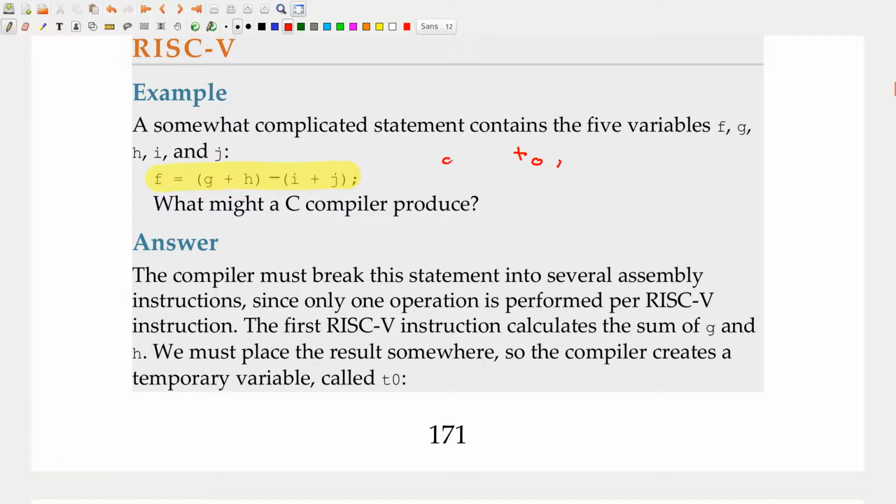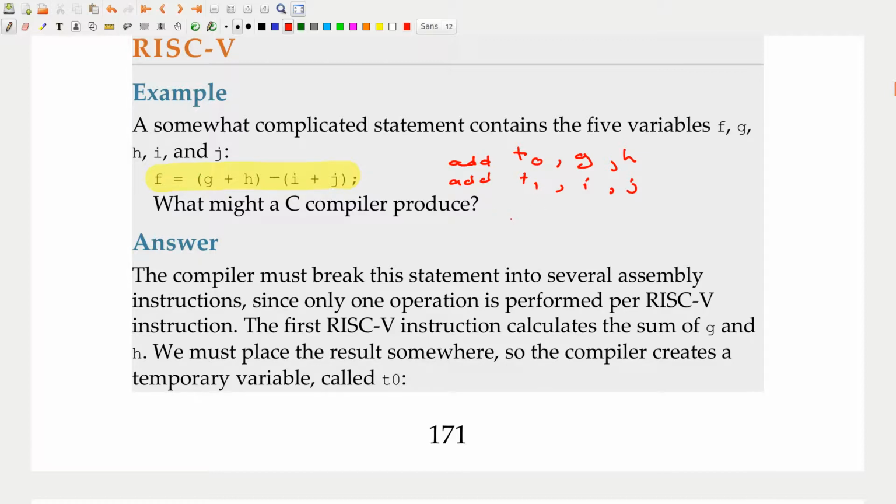So let's do an add: into T0, we're going to put G and H. Then I want to calculate this, so I'll have another add, and I'll call this T1, and I'll add I and J. Finally, I want to assign something to F that's the difference of these two.